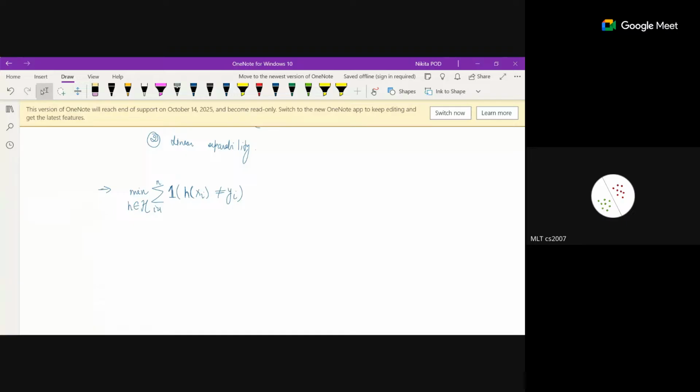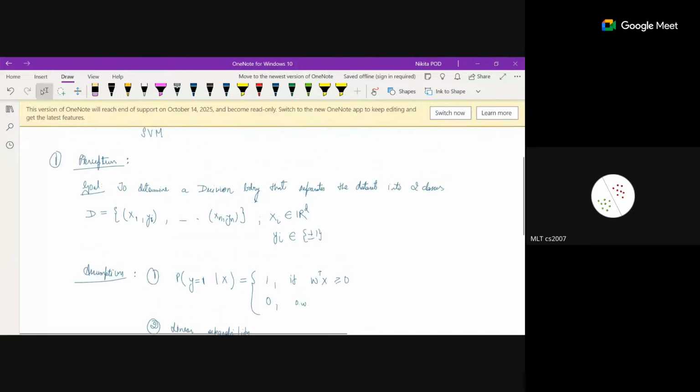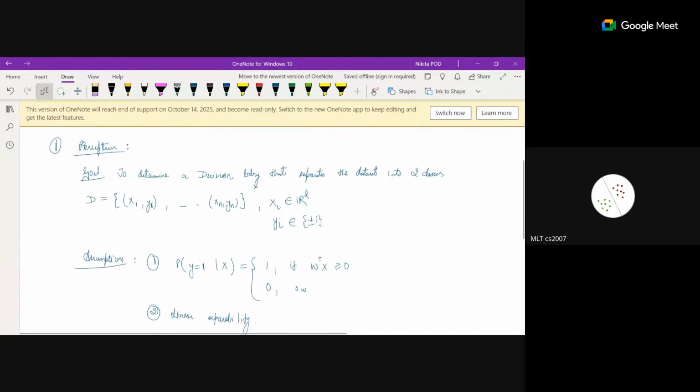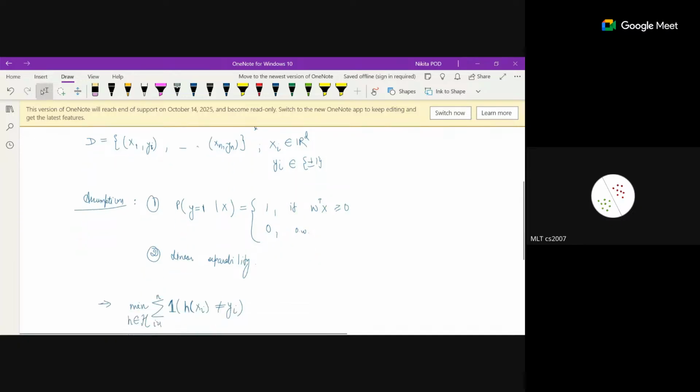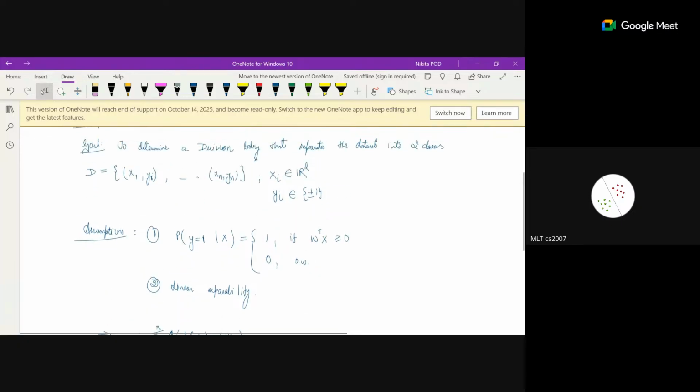So using the perceptron algorithm, how do we find a solution that gives you a W which separates the data set clearly into two classes?